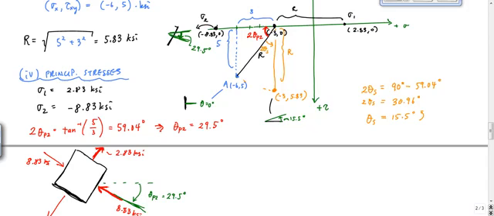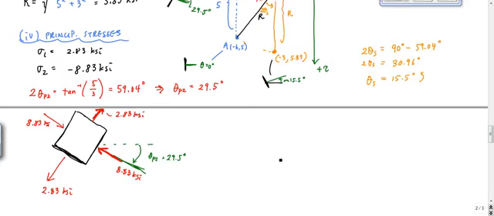Okay, 15.5 degrees counterclockwise. And that means I'm on this face of my representative volume element. I'm on that face right there. And so I can go down here now and examine that face right here.